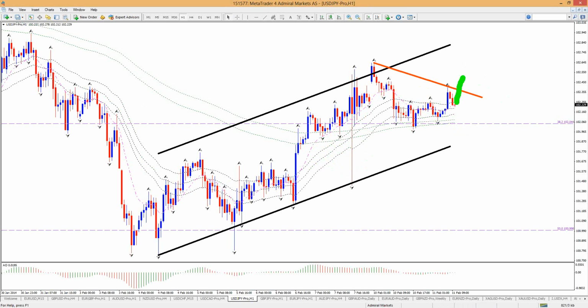I would want to see price break through it and stay above that orange line with a good 1-hourly candle, for instance. Then maybe a small mini bull flag on the 15 or 5-minute chart, and then the next break would make sense with maybe a 180 pip target to the upside, something like that. That makes more sense. But not now, because we don't have that confirmation as yet. Moving averages are flat, so I would rather wait for that.